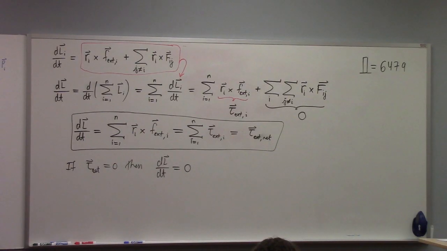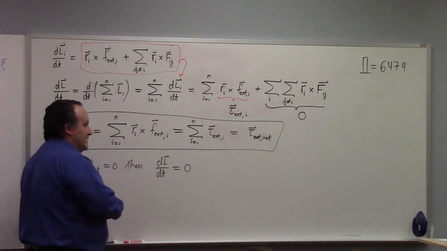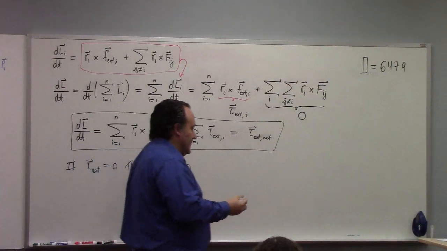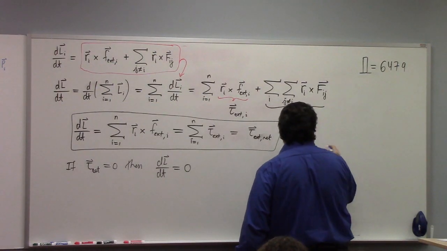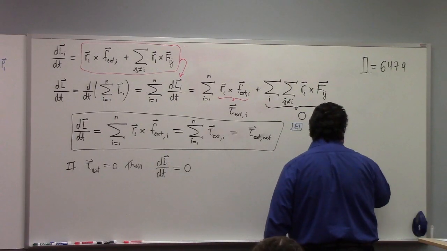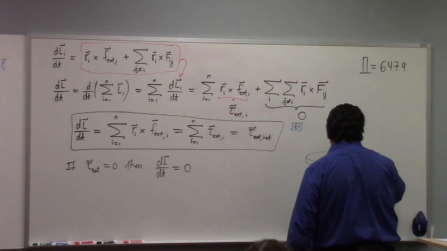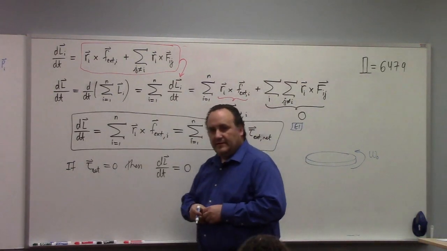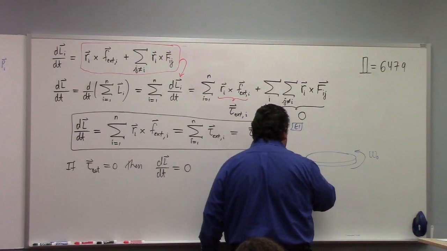Again, I'll get the projector out to show you the part I skipped over in a bit. But before I do that, let me give you an example which is a kind of silly example, but it's an example we usually do. Suppose you've got a record, and suppose the record is spinning with an angular velocity omega naught, and the record has mass m. Maybe it's not a record.